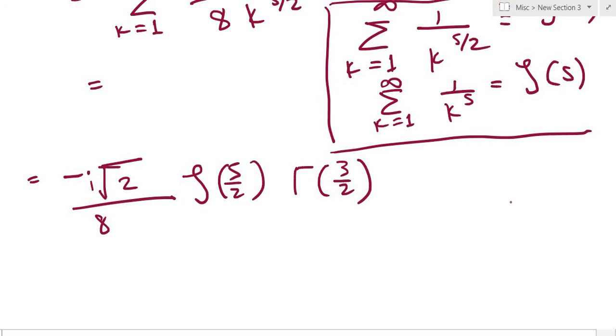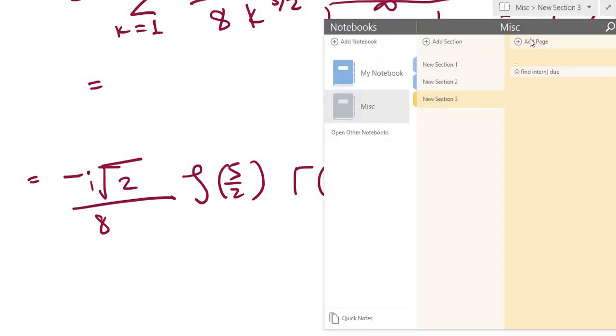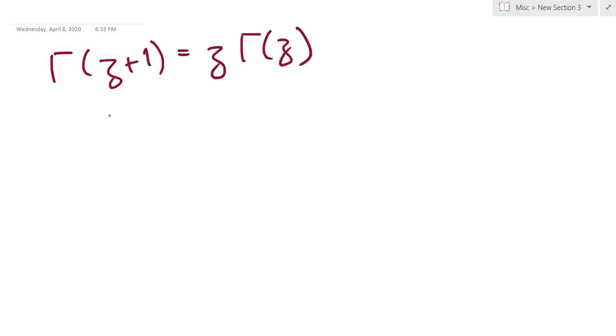Now we can find the value of the gamma of 3 by 2. This could be another video, but I'd like to do it quickly over here. So we know the gamma of z plus 1 is equal to z times the gamma of z.